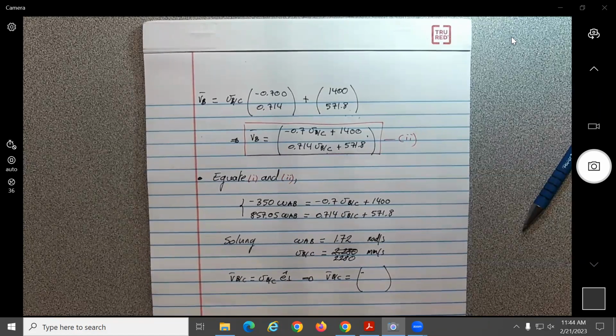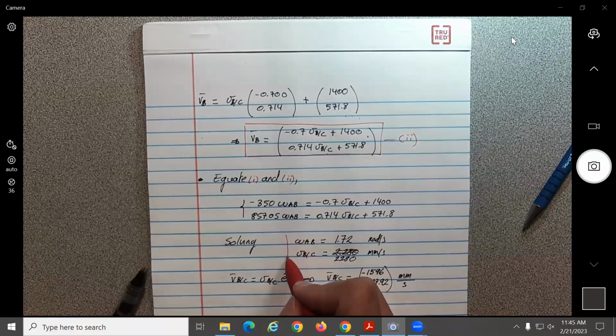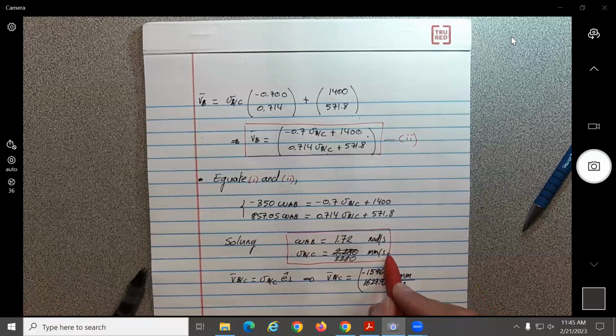How much is that? 1596. Okay, and 0.714? 1627.92. Okay. All right, great. But again, I think you should practice a bit to be faster on these calculations, okay?